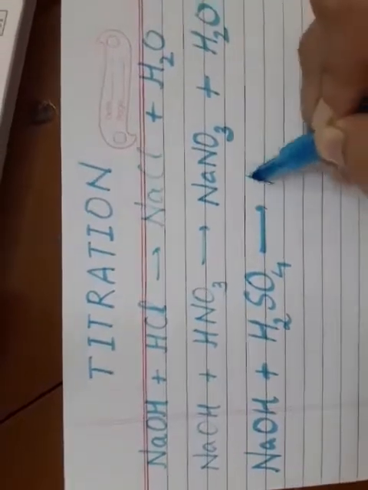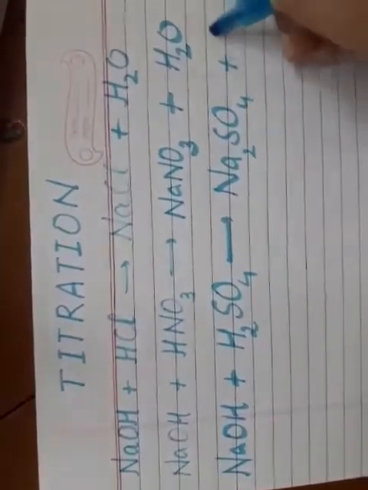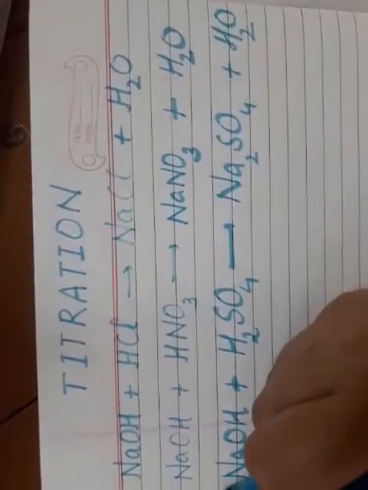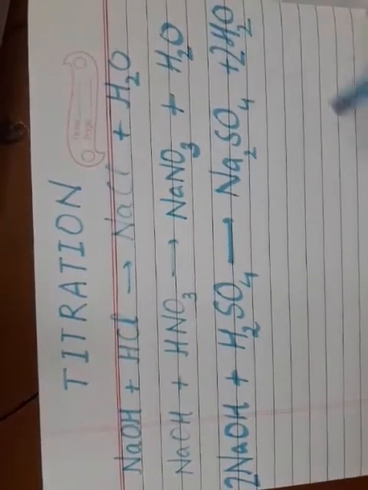You get Na2SO4 plus H2O. Balancing 2, put here 2 children. So here water will become 2. So 1, 2, 3 reactions of NaOH with the 3 different acids which you have studied.